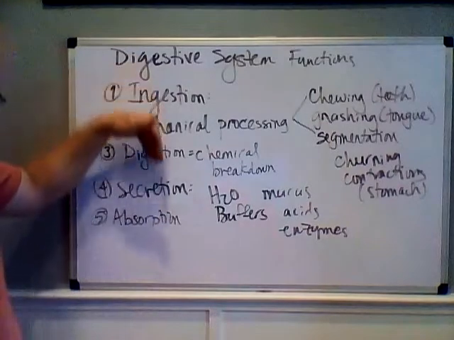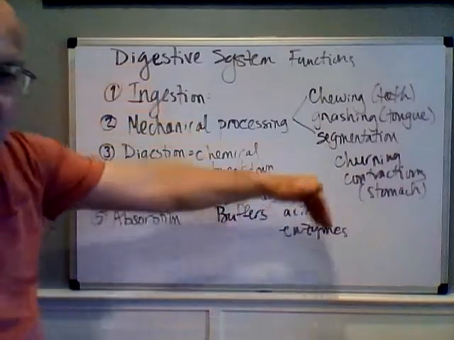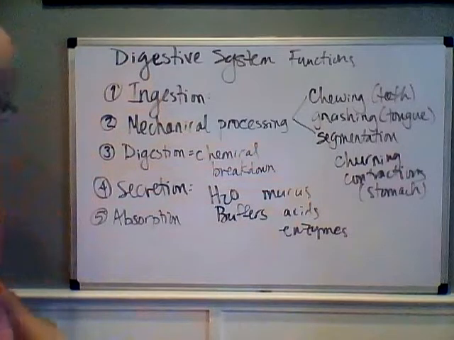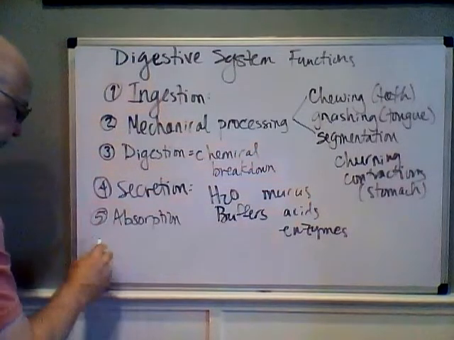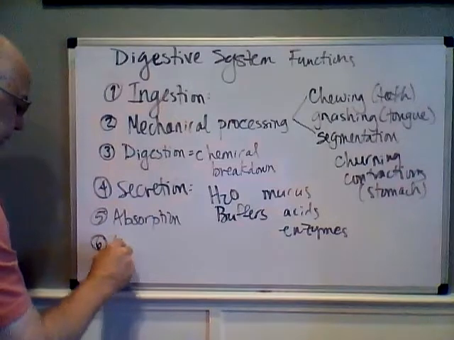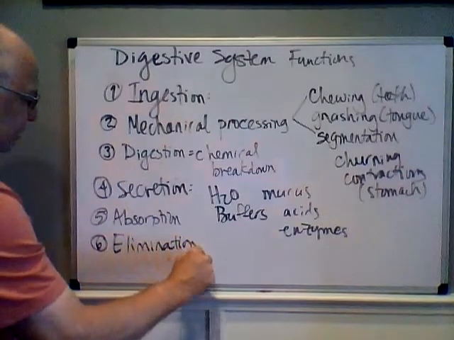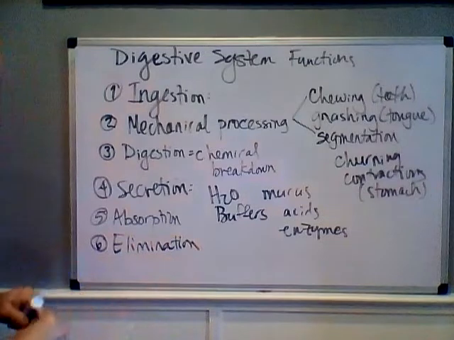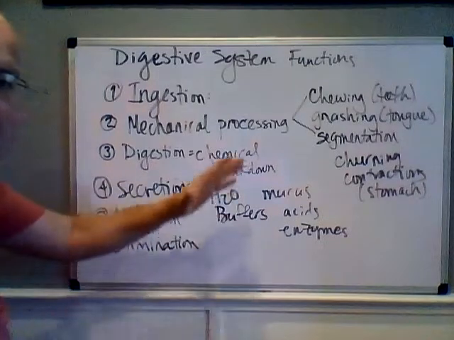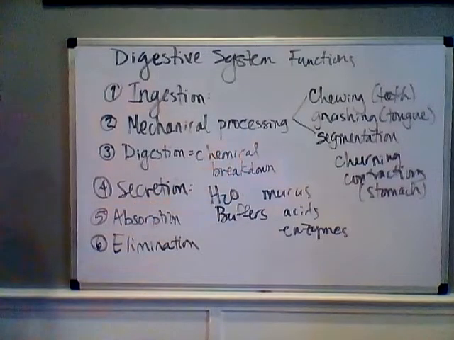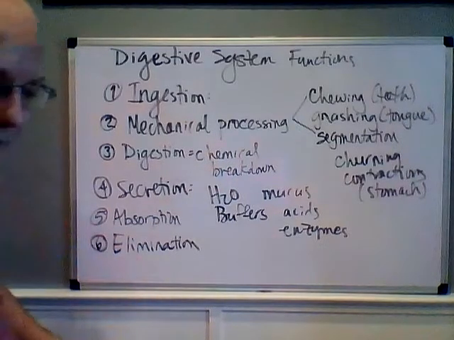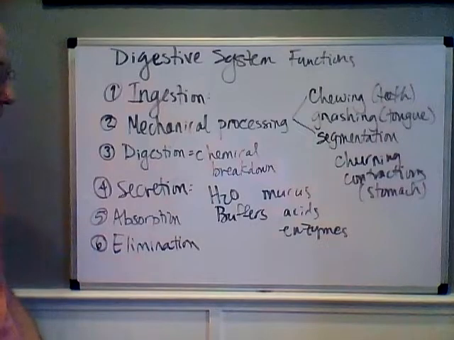And we talked about that in the last video, where we're absorbing everything across the digestive lining. And then finally, the last thing is going to be elimination. Really, there's kind of two things that happen here. In elimination, we're simply getting the waste and the stuff that we cannot use out of the body. Okay, it's the removal of waste and undigestible materials out of the body.